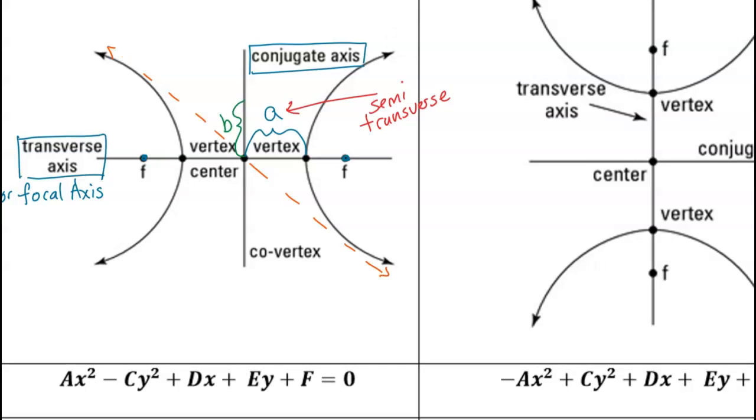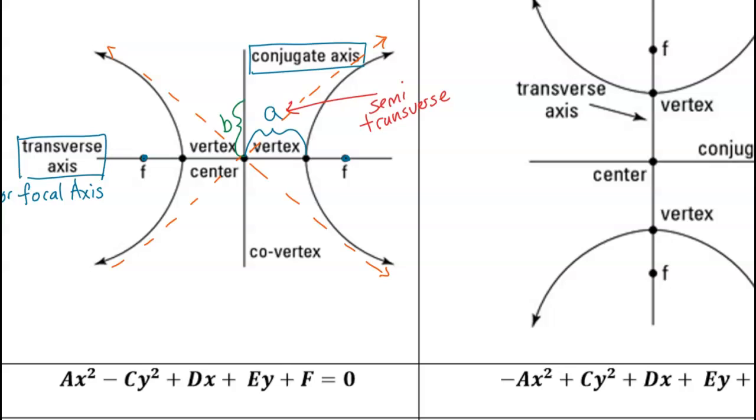So we have one asymptote and we have two asymptotes. So if we were to draw, and what color should I do this in? Purple.